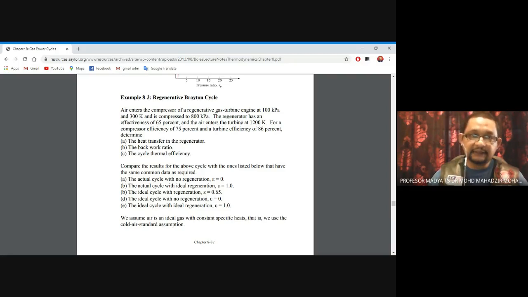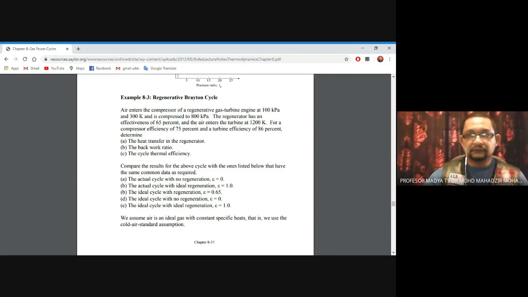The regenerator has an effectiveness of 65% and the air enters the turbine at 1200 Kelvin. For a compressor efficiency of 75% and a turbine efficiency of 86%, determine the heat transfer in the regenerator, the back work ratio, and also the cycle thermal efficiency.